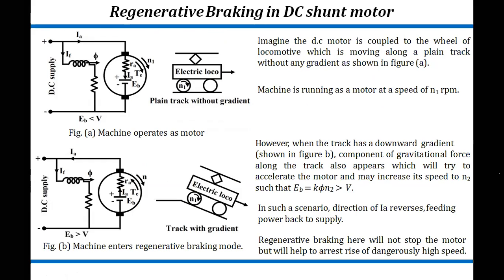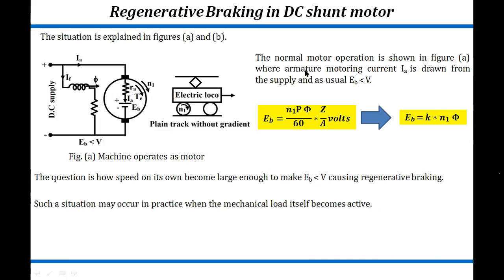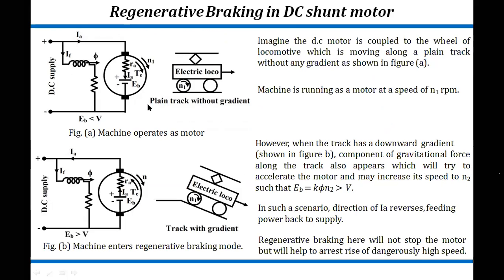So here, if we are having this circuit A and B, we are explaining that situation in these figures: a machine which is operating as a motor, and a machine operating using regenerative braking. If we are only operating the machine as a motor, at that time there will be no gradient.